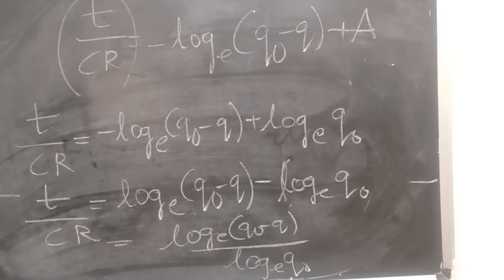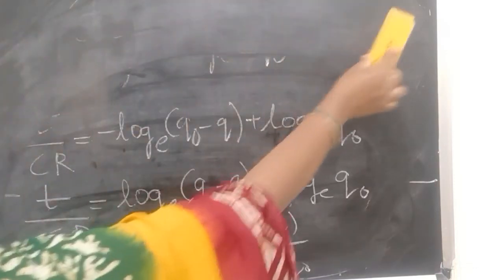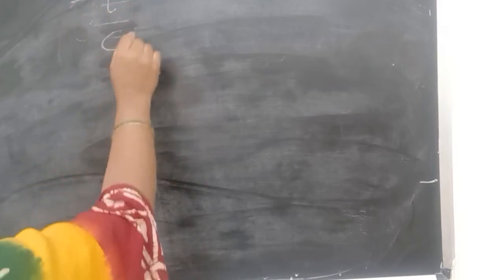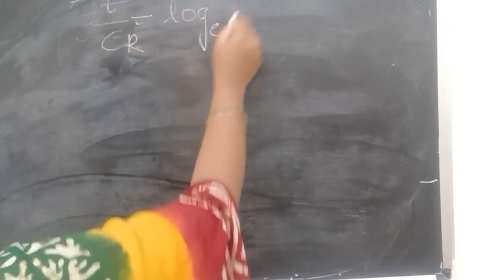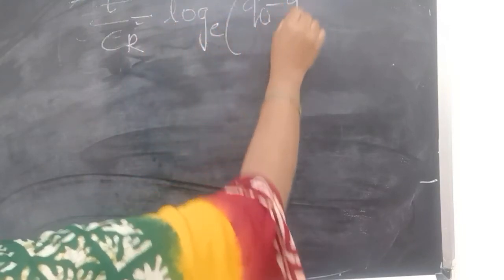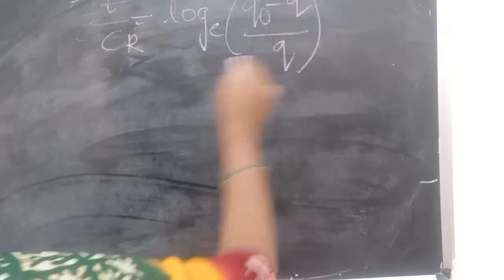Next one. So now you got the term, I will write it once again. Minus T by CR is equal to log of (Q naught minus Q) by Q naught.